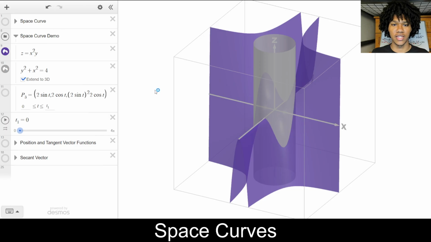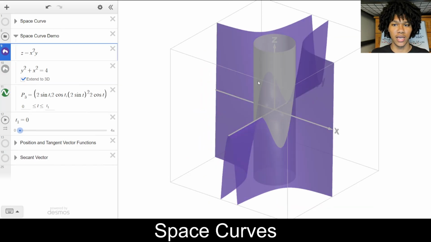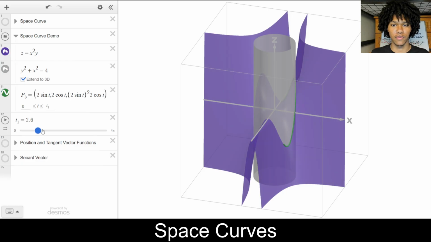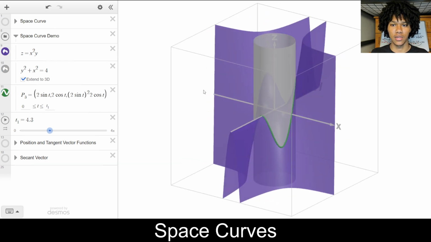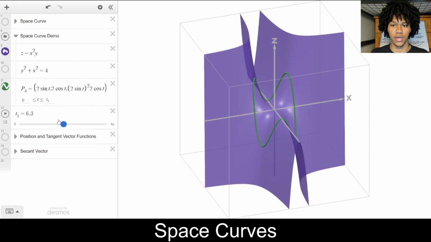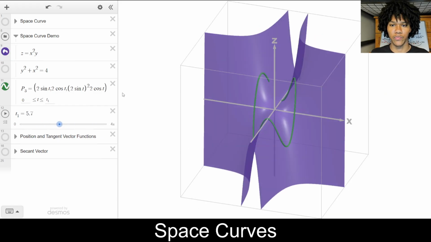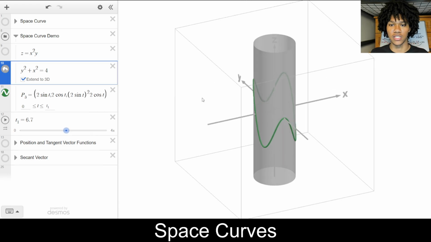I'm not going to go too much in depth into how I arrived at these equations and solved for the parametric representation of our intersection, but I'm going to uncheck this, and this curve does give us all points where x, y, and z satisfy this function as well as our cylinder. So I'm going to uncheck the cylinder and show that these points all do lie on the function, and they are all constrained to the cylinder as well. So that's one application of space curves and using parameters to describe curves in space.